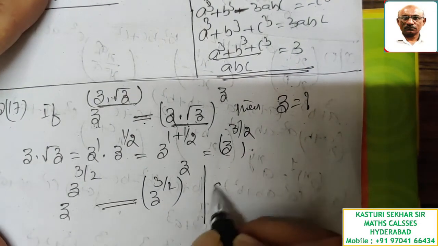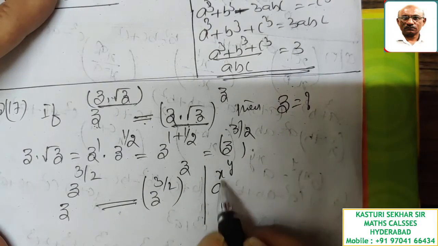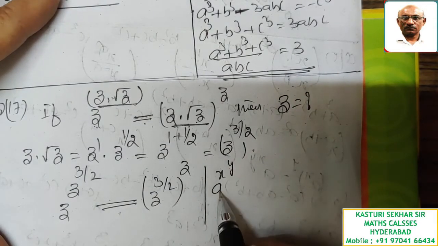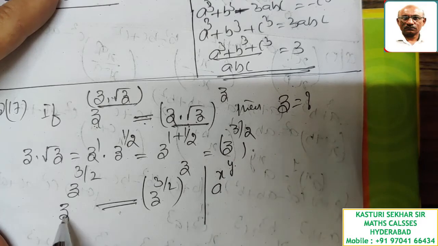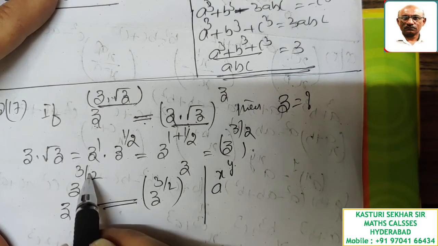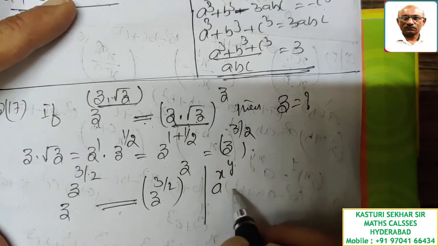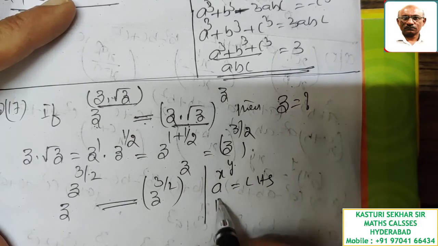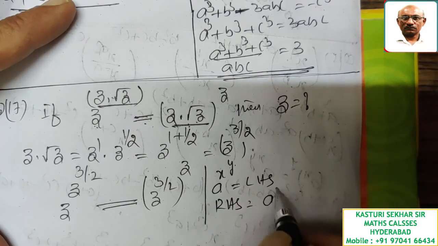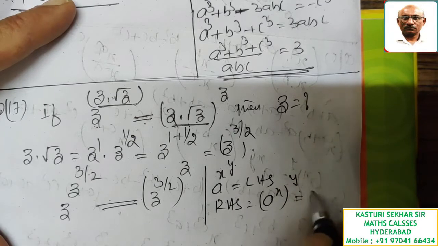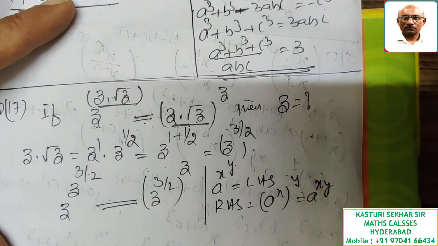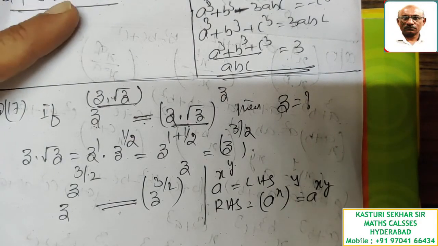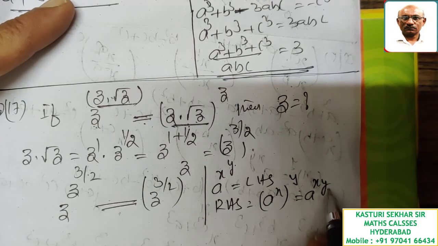Now look at this. The left hand side is of the type a to the power x, to the power y. Whereas the right hand side is (a power x) whole to the power y, which can be written as a power xy.